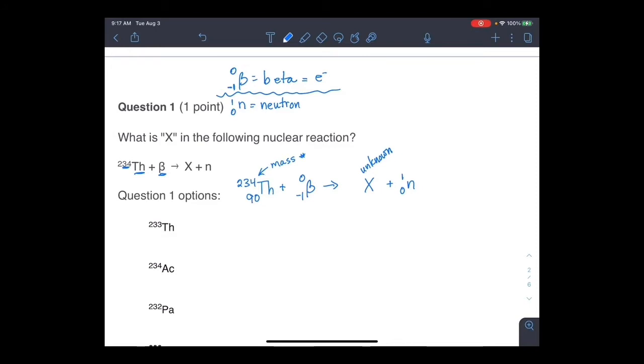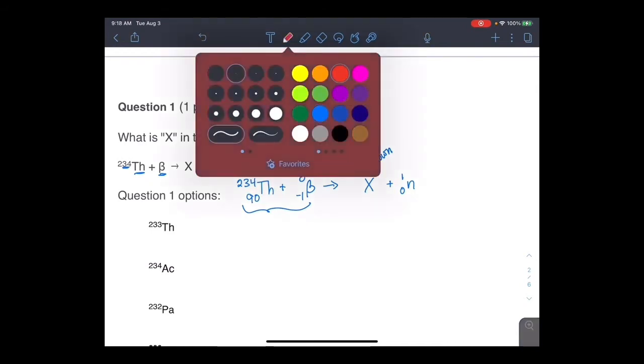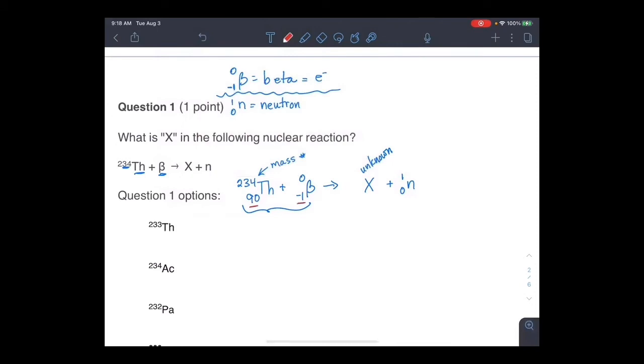That can be achieved very easily, mathematically, by looking at these numbers on the bottom. We'll add up all the protons on the left. It's got to equal all the protons on the right. So on the left, I have a 90 and a -1, and I do count that as a -1. So the left bottom number is 89.